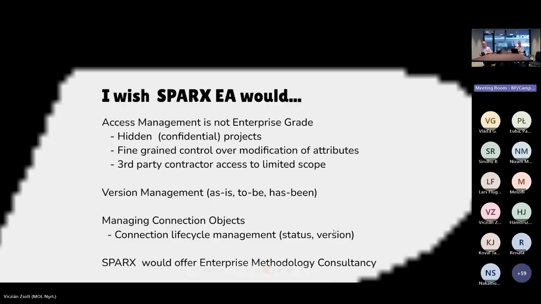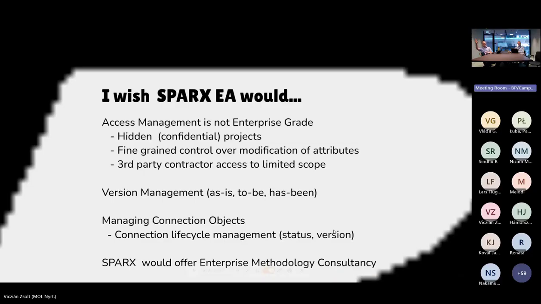So first of all, Enterprise Architect, the name suggests it's ready to handle enterprise requirements. Unfortunately, that's not the case in every situation. So for example, the access management is definitely not enterprise grade. Hiding confidential projects, fine-grained control over modification of attributes.